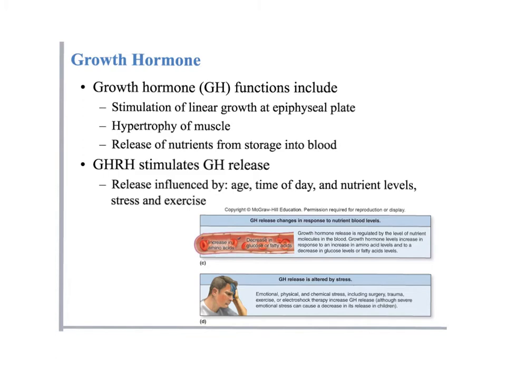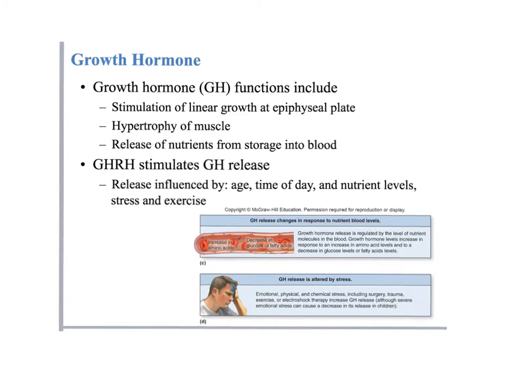Adipose tissue. So what's going to happen is growth hormone is going to stimulate the liver to break down glycogen to make glucose, increase blood sugar levels. It's also going to stimulate adipose tissue to break down fats into glucose. All right? And GH, or growth hormone, is stimulated by growth hormone releasing hormone from the hypothalamus.